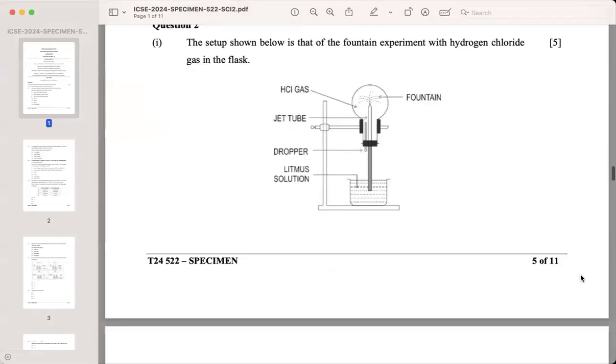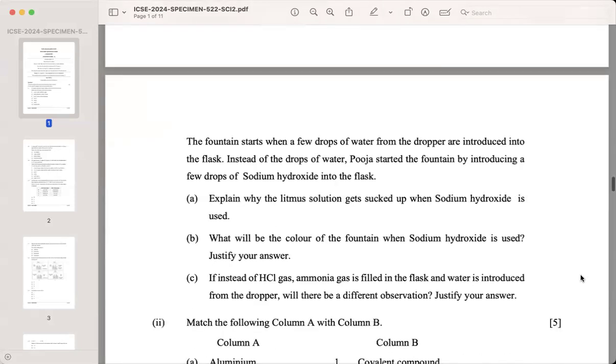Let's see the questions. The question says the fountain starts when a few drops of water from the dropper are introduced into the flask. Instead of the drops of water, Pooja started the fountain by introducing a few drops of sodium hydroxide into the flask. Now, part A, it is saying, explain why the litmus solution gets sucked up when sodium hydroxide is used.